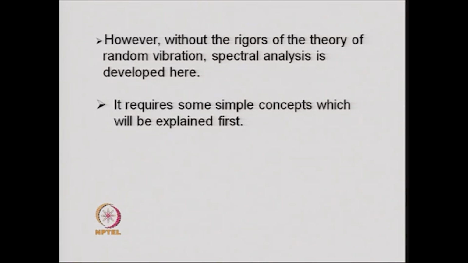Because of this phase lag or time lag or lack of correlation, we have a cross power spectral density function defined for these two random processes, and the concept of this cross power spectral density function with the help of a coherence function, that also we introduced in discussing the seismic inputs.